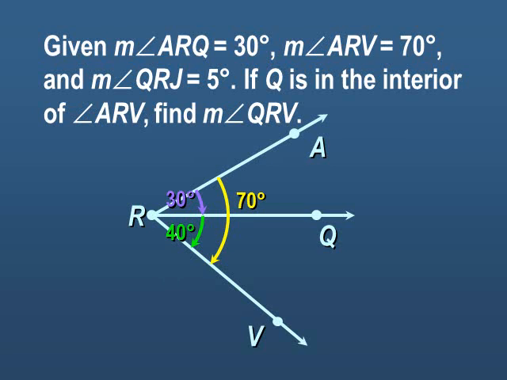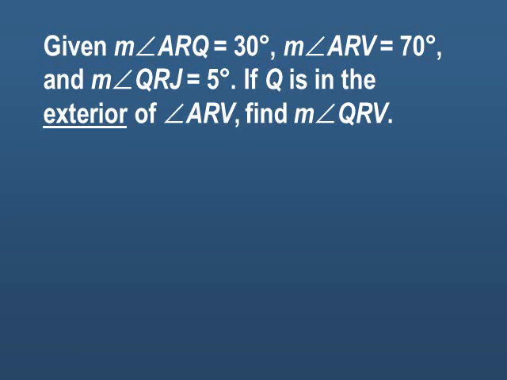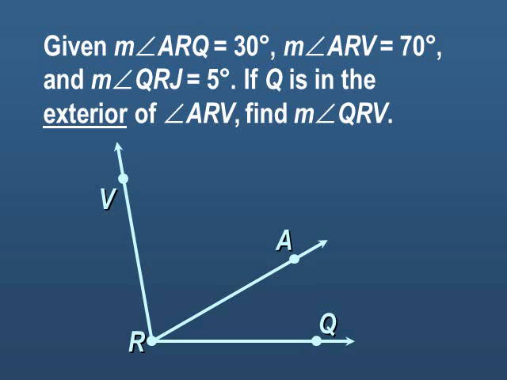Okay, so I was given the large angle and I was given one of the smaller. So I had to do some subtraction with my algebra to find the measure of QRV. Same with this one. I want you to practice this one by yourself. Here's the picture that I drew. The pictures are really important.